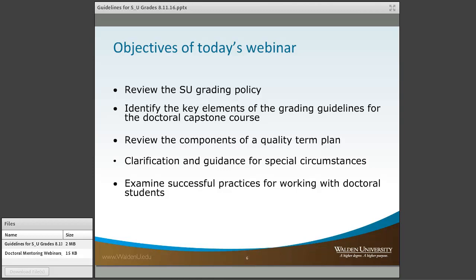And there'll be more after this to support as well, because a lot of it rests on developing a clear term plan. Special circumstances. This has come up a lot as well. And so we're going to be going into when issues come up for students that were unexpected, how to address those issues, and look at some examples of successful practices for working with students within this guideline.